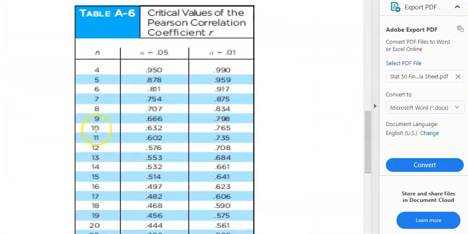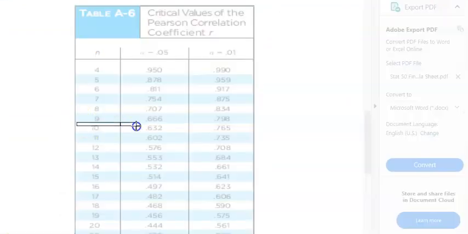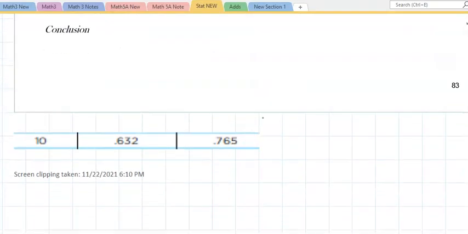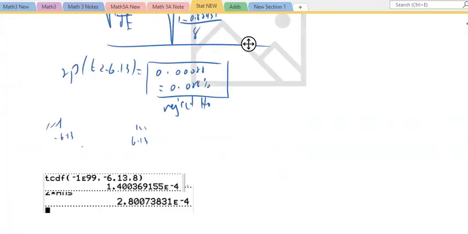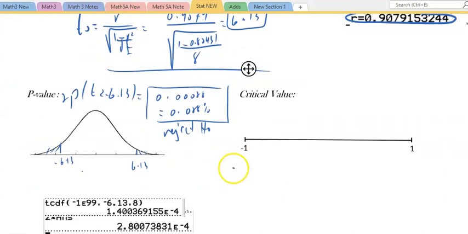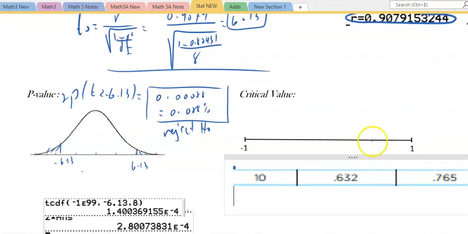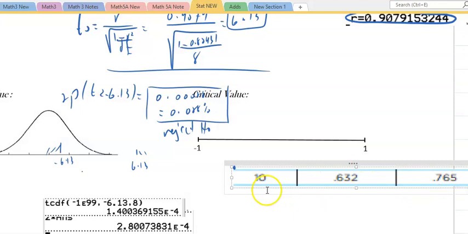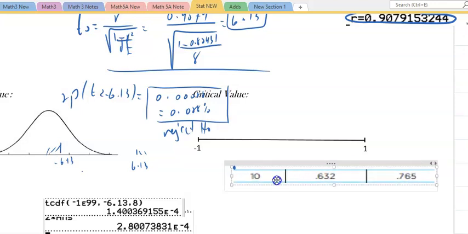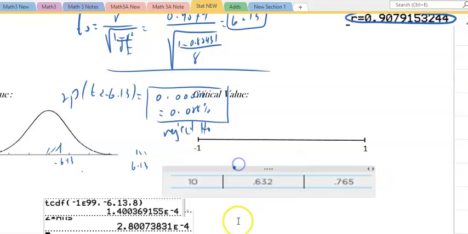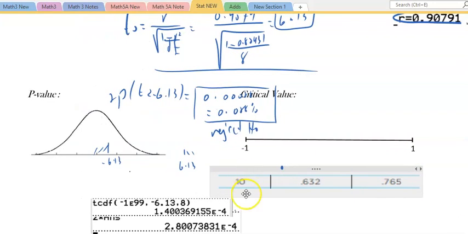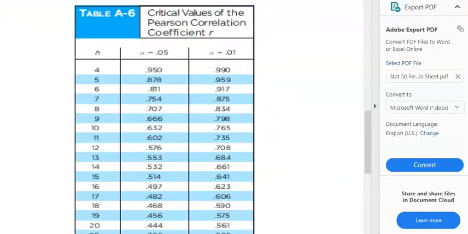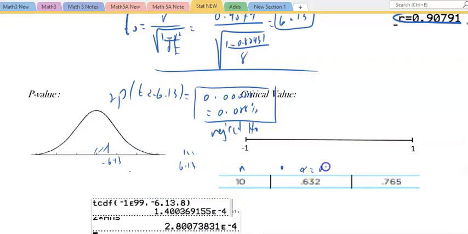We want n equal 10. So there are only 2 values for n equal 10, if you notice. There's alpha equals 0.05. Oops, that's not what I wanted. You'll notice there are 2 values, alpha equal 5% and 1%.